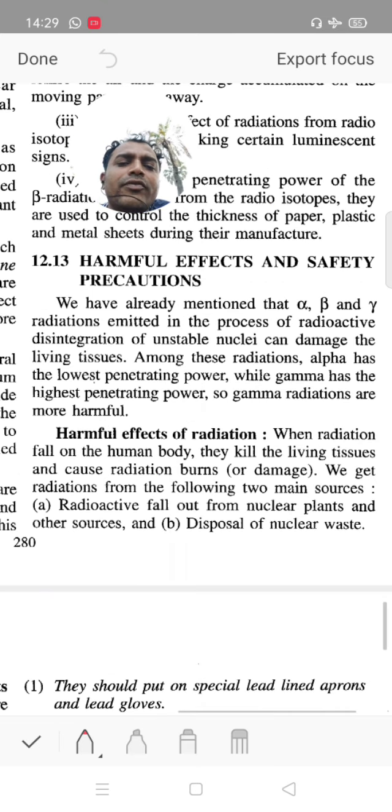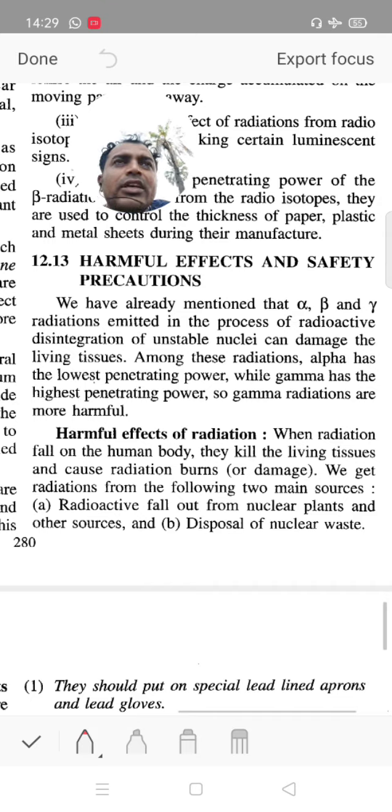Next, harmful effects and safety precautions. We are making lots of uses of radiation and radioisotopes, but there are harmful effects also. When radiation falls on the human body, it kills living tissues or causes radiation burns or damage.